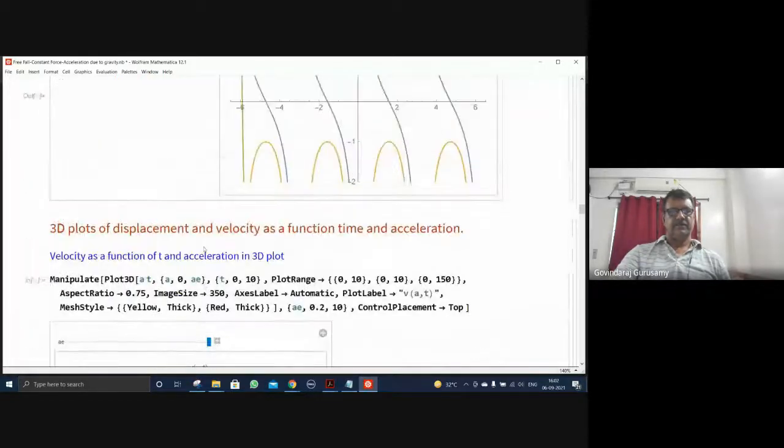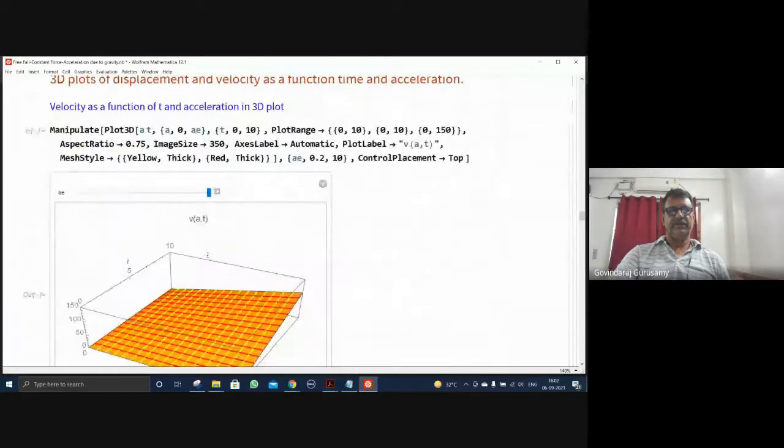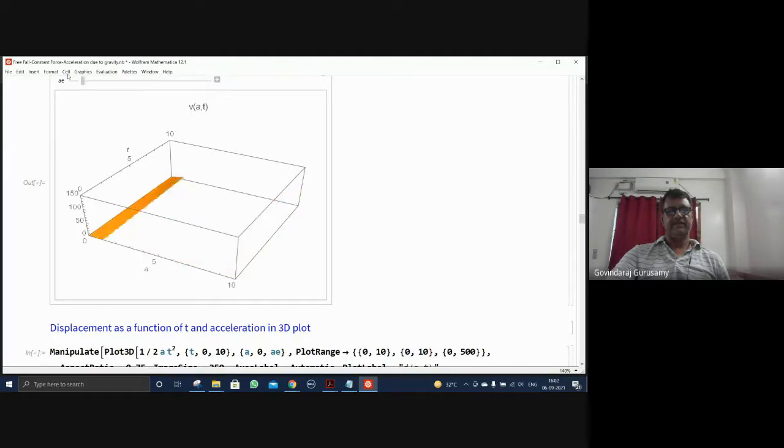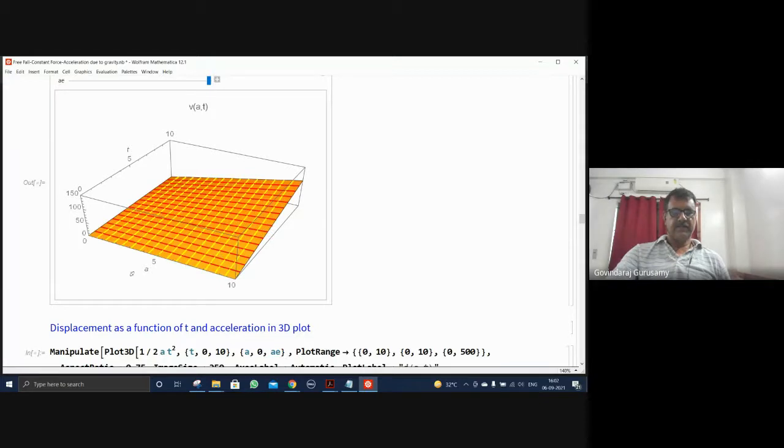Okay, so again, 3D plots showing the acceleration. V is a function of a and t, and these curves can also be generated with 3D plots. Look at it with a constant, and then see what happens to velocity as a function of t. The other way is to take t as a given constant and look at the plots.